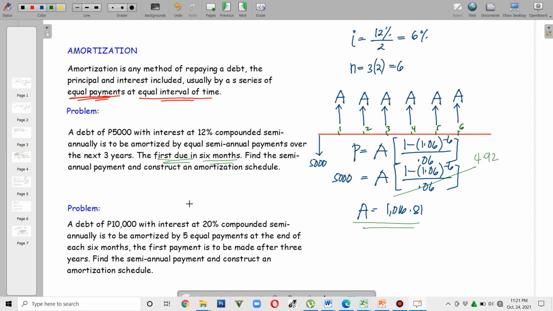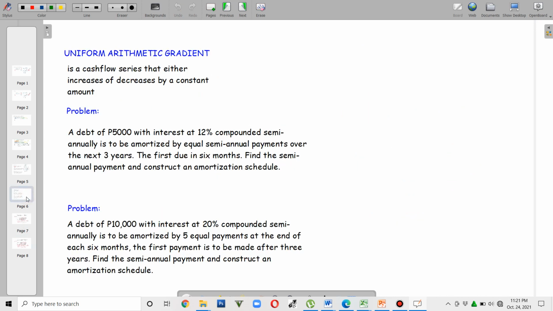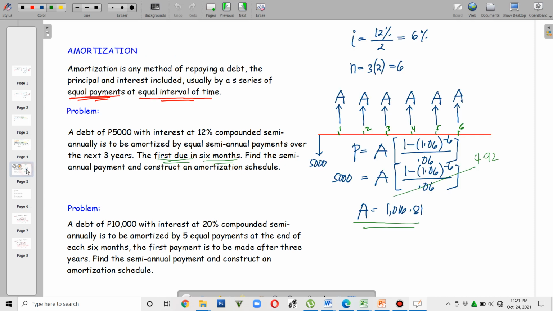So find the semi-annual payment and construct an amortization schedule. So this time, we have a period of how much? So that is to be computed, ano?